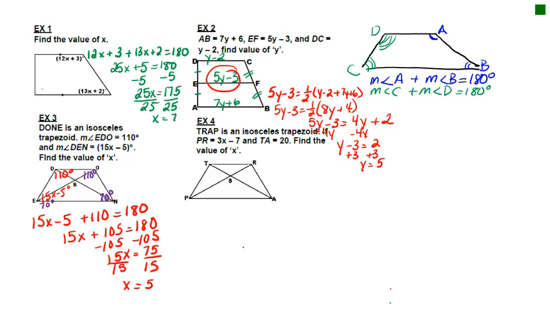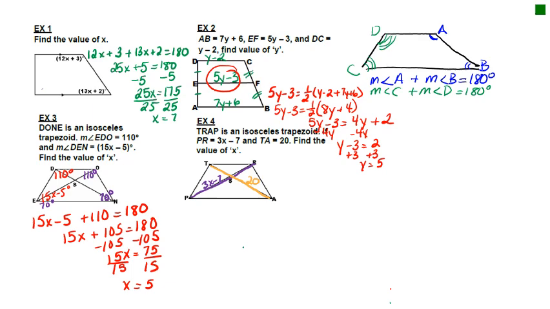Example 4. Trap is an isosceles trapezoid, or at least that's what they're telling you. If PR is 3x minus 7, so from here to here is 3x minus 7, and TA is 20, so from here to here is 20.